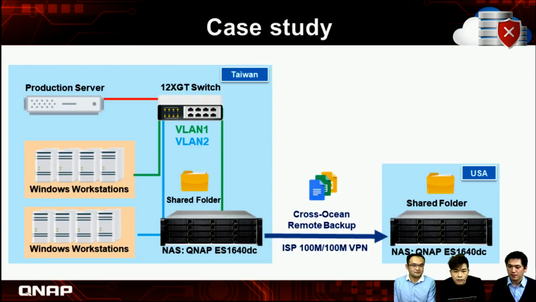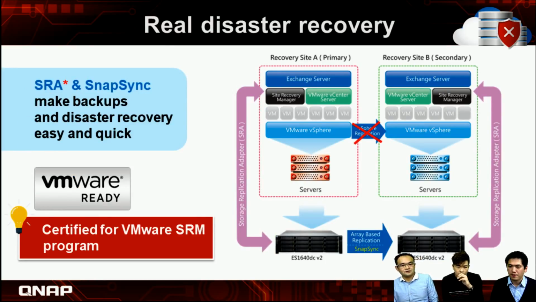And the next page. Okay, here I see the topic is real disaster recovery. How does it work? Yes, we can see that VMware has the SRM solution to help you manage the primary side and the secondary side. And QNAP has the SRA plugin, which is integrated with SRM to help you offload your server loading.